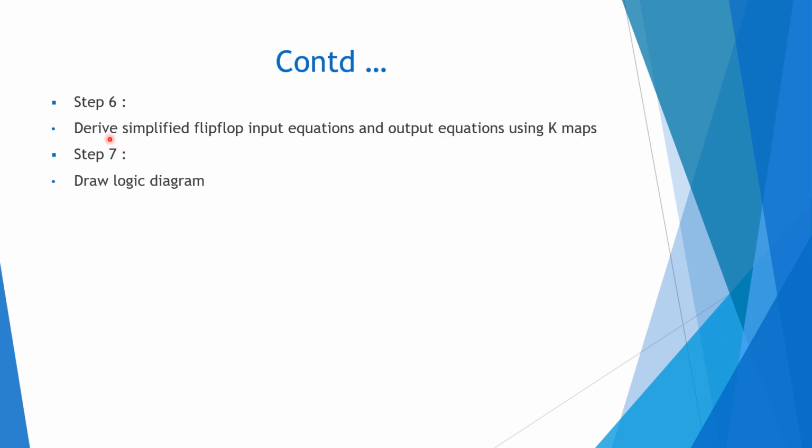Step 6, derive simplified flip-flop input equations and output equations using K-maps. And finally step 7, we draw the logic diagram of the synchronous sequential circuit. The final diagram is the logic diagram of the given problem.